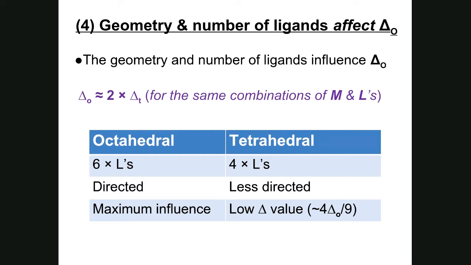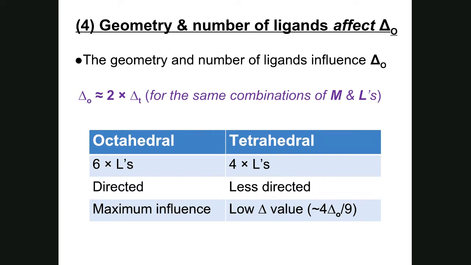The d4 configuration is determined by the charge on the metal ion, so that you are left with 4 metal electrons, and those electrons will have to occupy the orbitals in that octahedral complex. You've got that metal ion at the center, and the 4 electrons, depending on the strength of the ligand field, either weak or strong. Strong field ligands, I said, cause very large splittings.